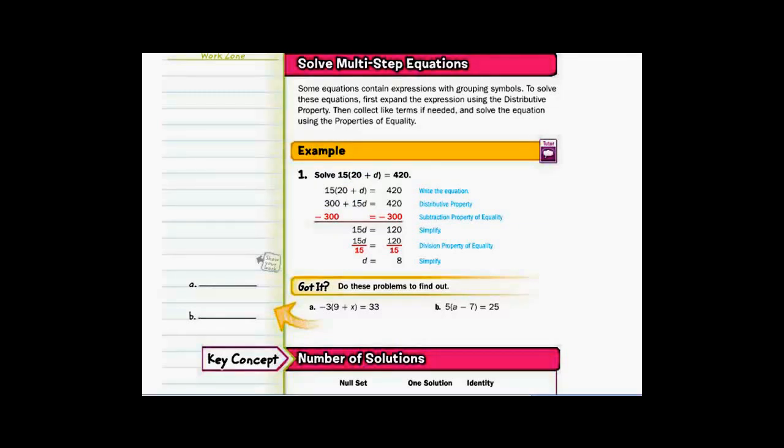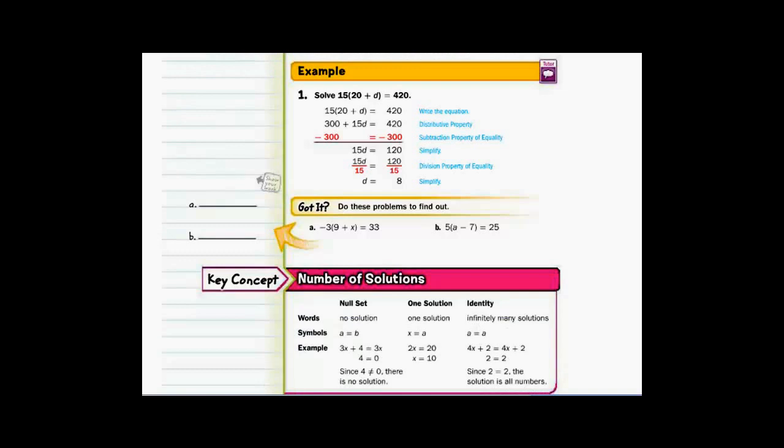All right, so on A, if I'm going to distribute that, I'm going to distribute a negative 3 to both. So I would have negative 27, that's negative 3 times 9, and negative 3 times x is a negative 3x equals 33. So I've got my letters already by itself on one side. I've got plain numbers on both.